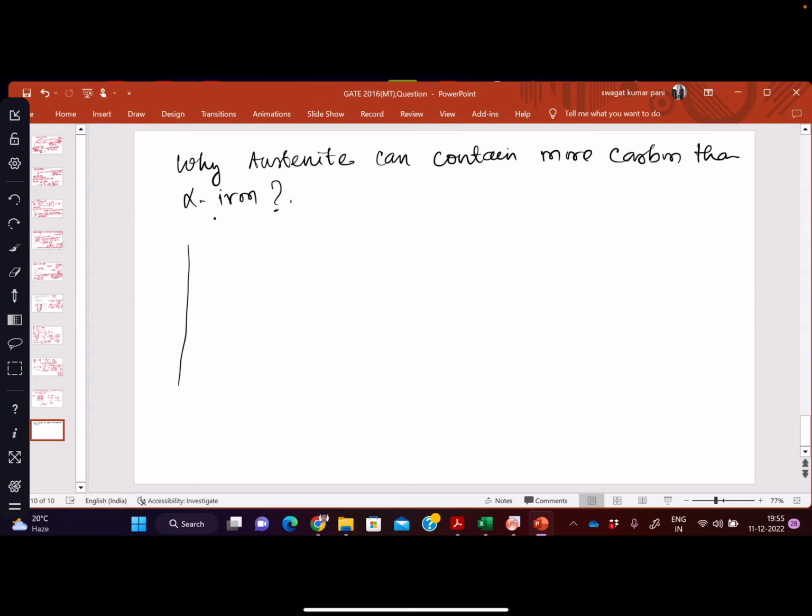Like if we see the phase diagram, so this is the point where it is around 2%, and alpha iron, this is alpha region, this is gamma region, this is around 0.025 weight percent. So why such a huge difference?